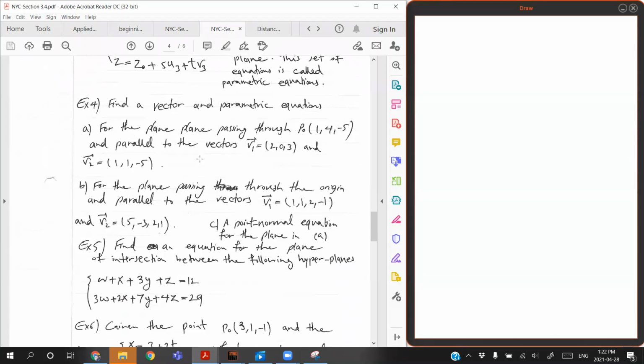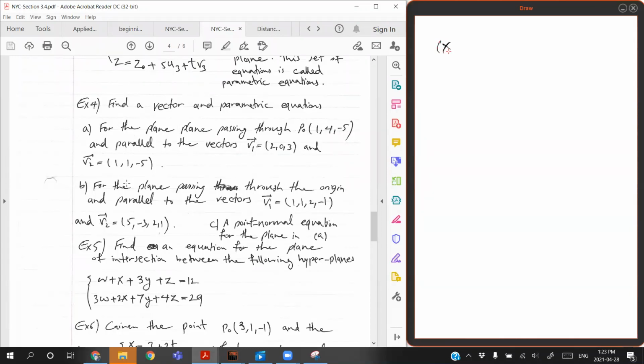Now let's look at another example. Find a vector and parametric equations, part A, for the plane through this point P0, which is given, and parallel to the vectors v1 and v2.